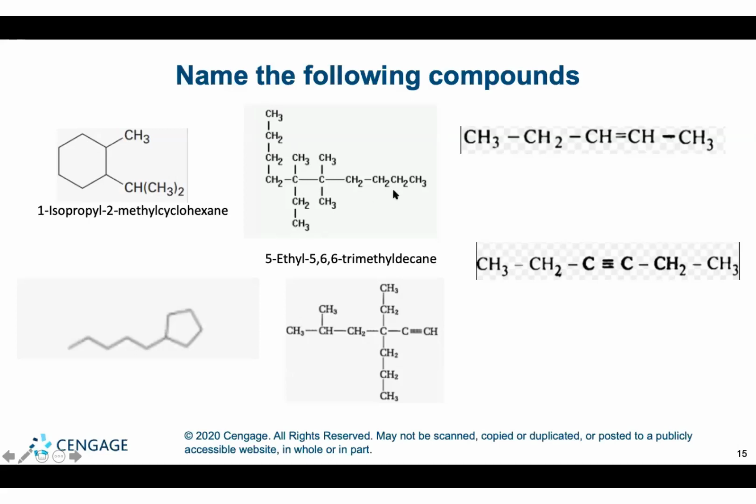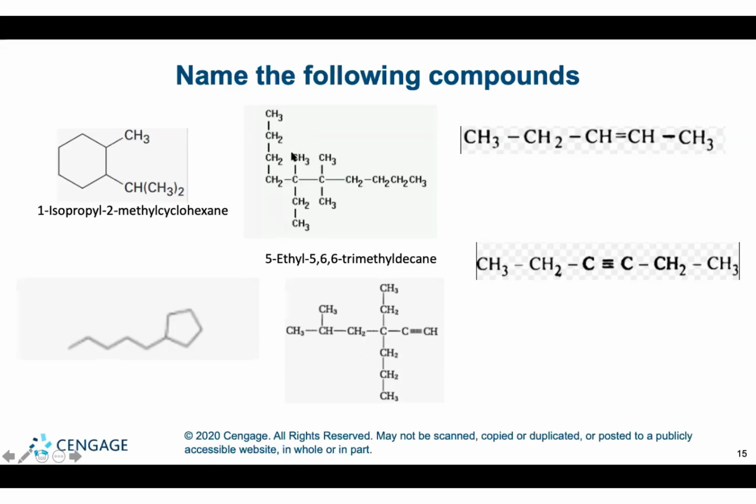Because if I start from the right side, I reach 2 methyls, but if I start from the left side, I have more crowding in here, right?